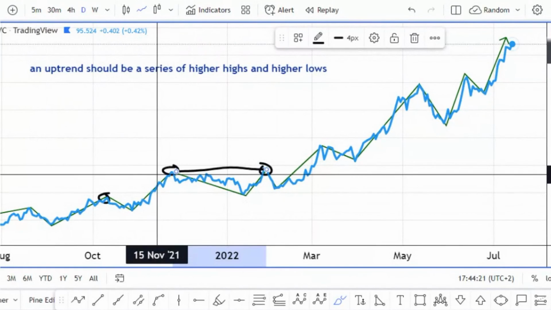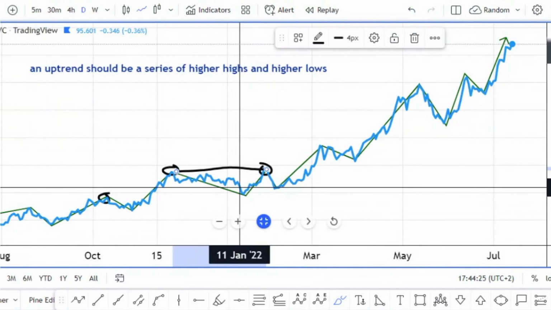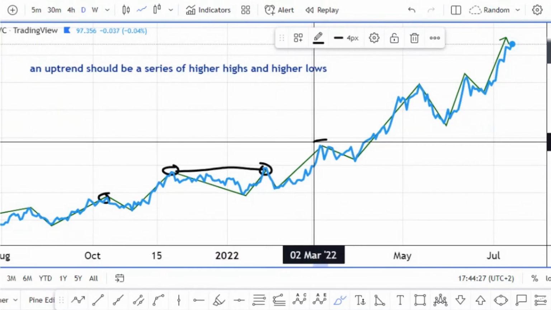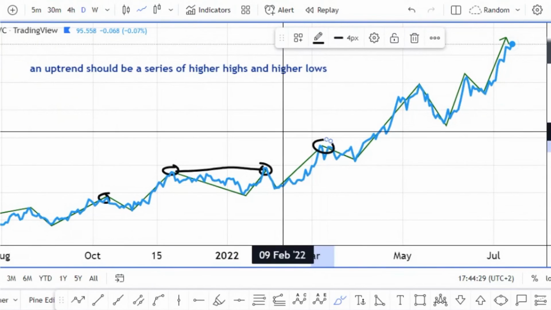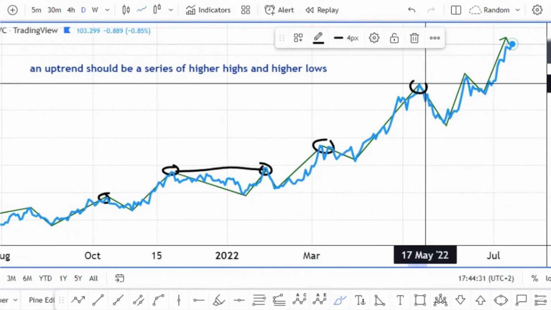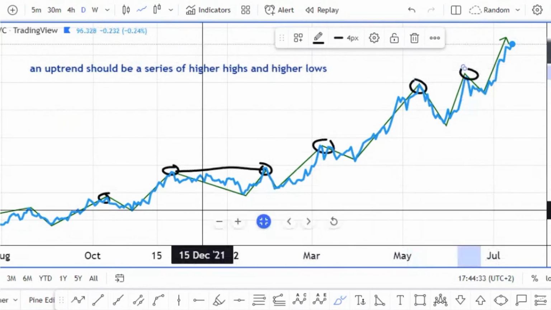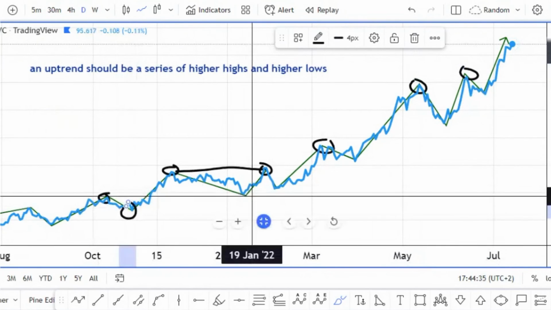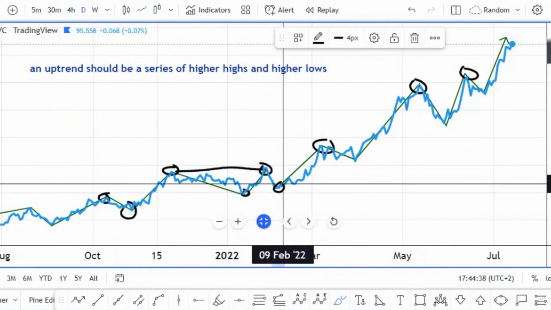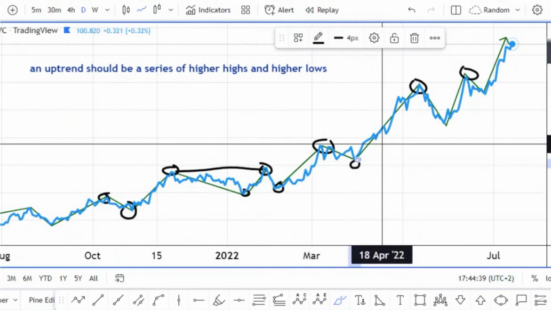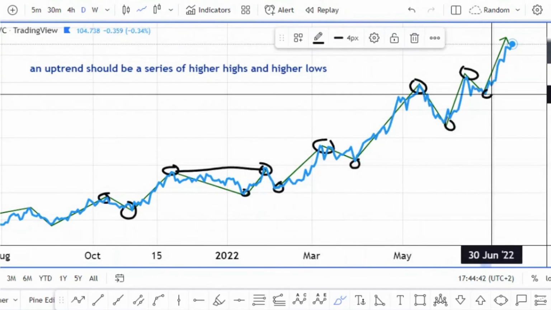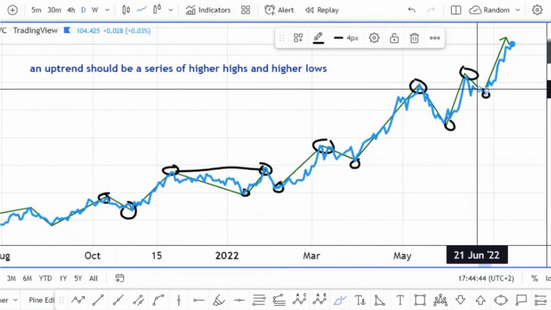Maybe we can say it's equal highs. That's not a problem. However, is this high higher than the previous? Yes, yes, yes, and so on. What about the lows? Higher lows. Each low is higher than the previous low, and so on. And this is how you know this is basically an uptrend. Okay.